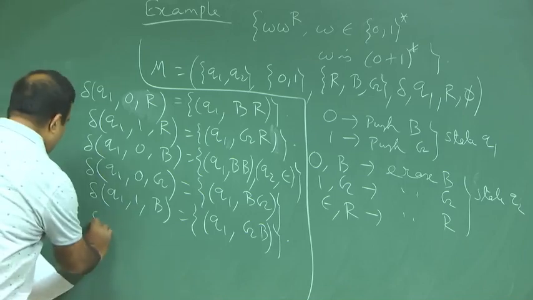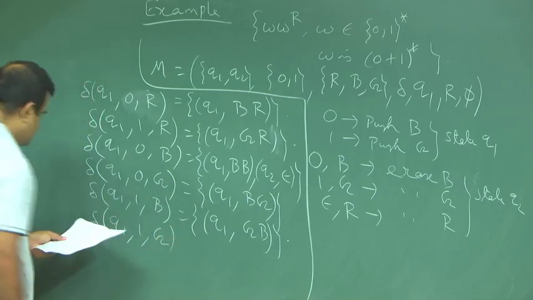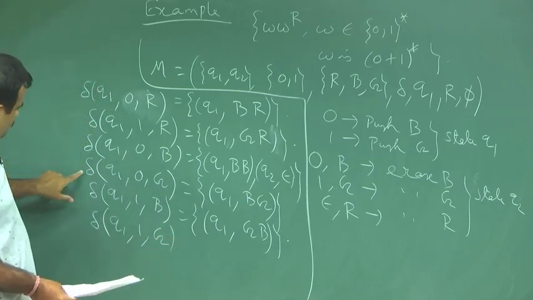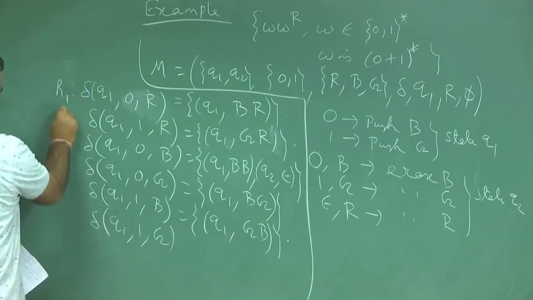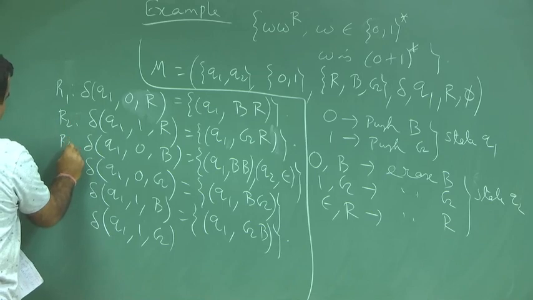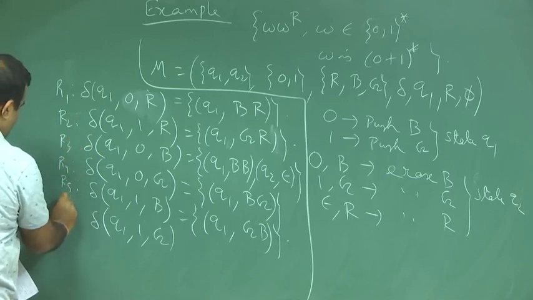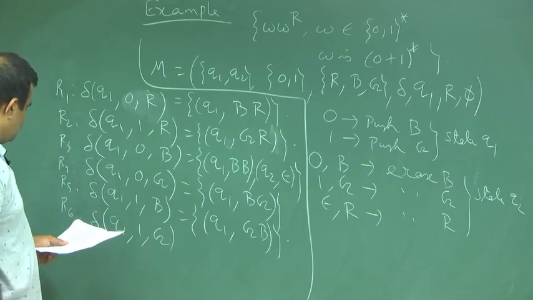And delta of Q1 1 G. So, this is rule 1, rule 2, rule 3, rule 4, rule 5. We can write this as R1, R2, R3, R4, R5, R6. So, R6 is basically delta of Q1.